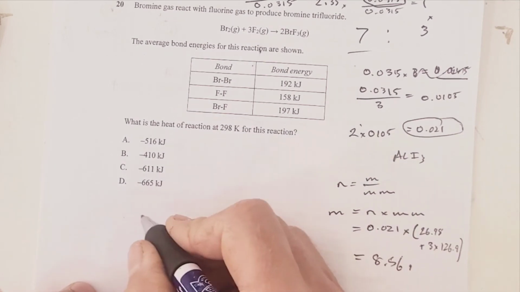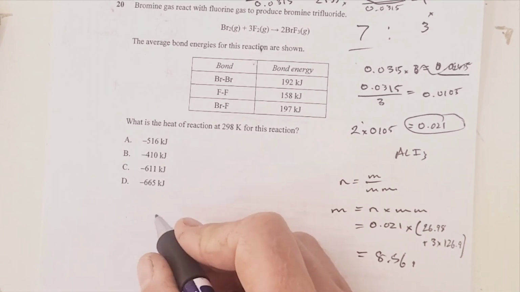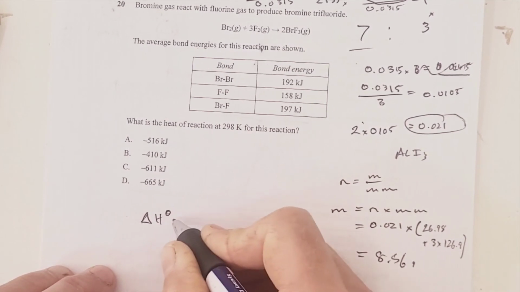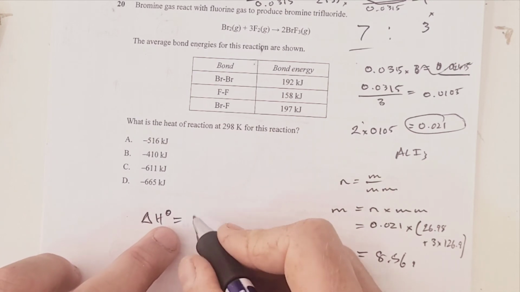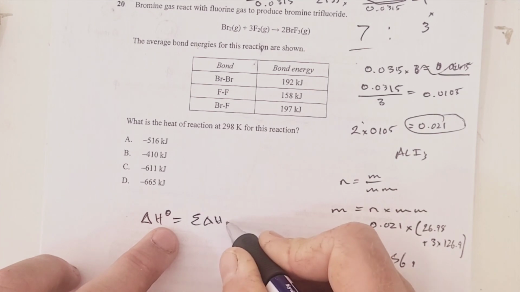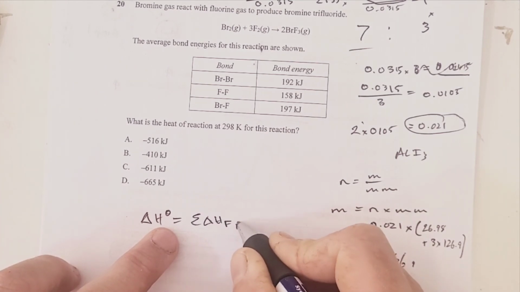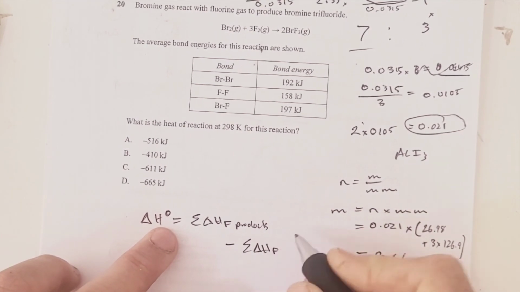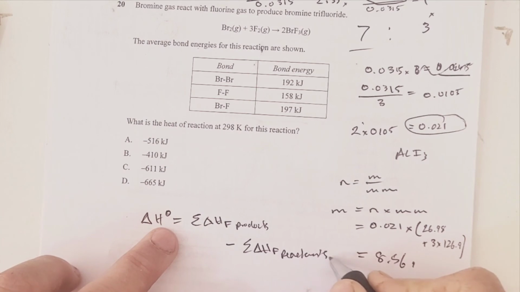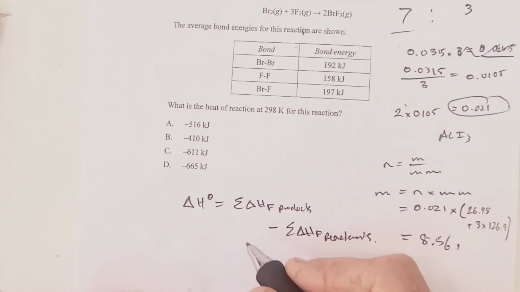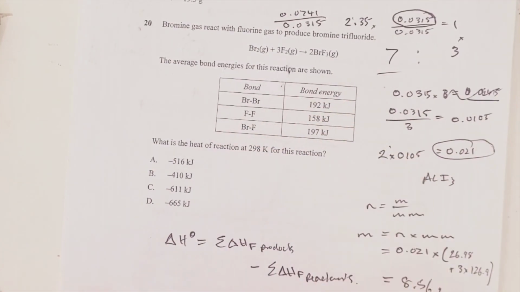In a reaction, okay, well, we've got the standard delta H, standard heat of reaction, is going to equal the sum of the heat of formation of the products minus the sum of the heat of formation of the reactants. Okay, but they've given us this bond energy here, so let's just have a look.